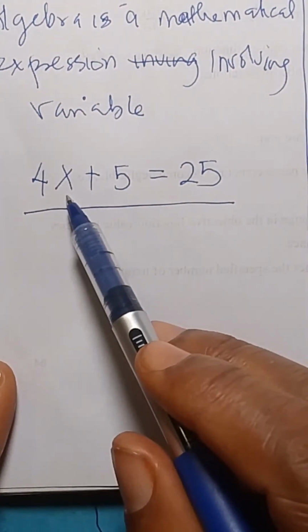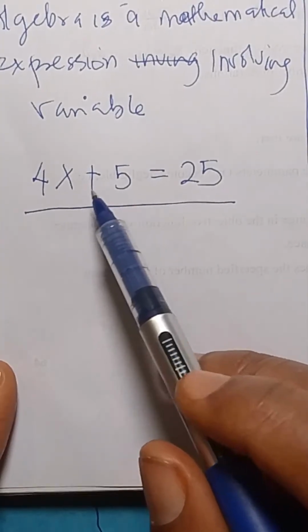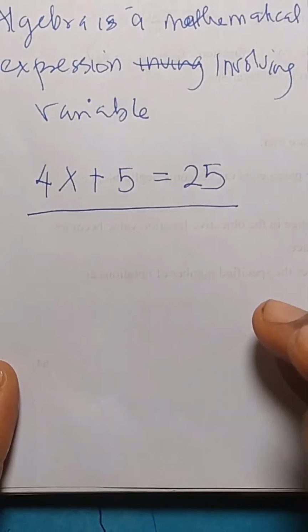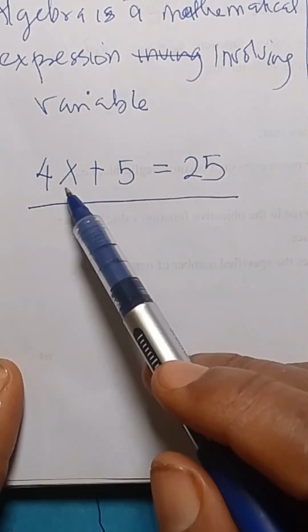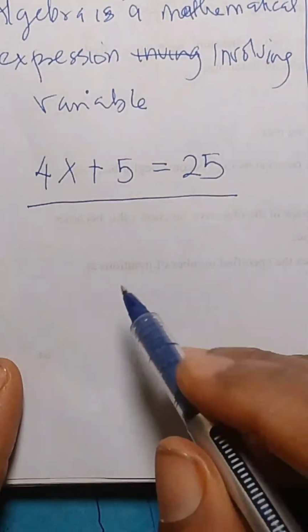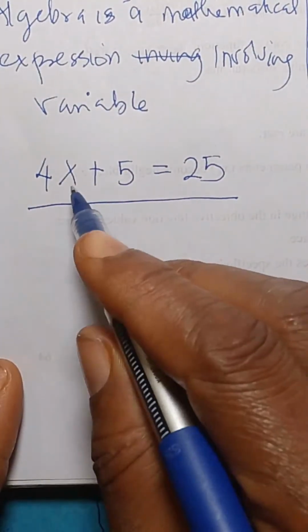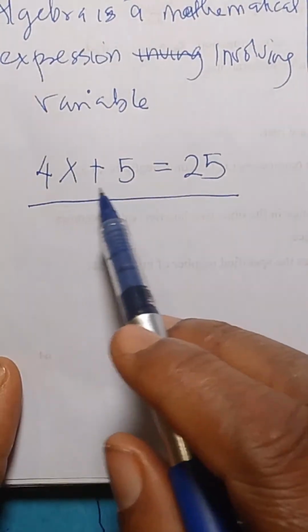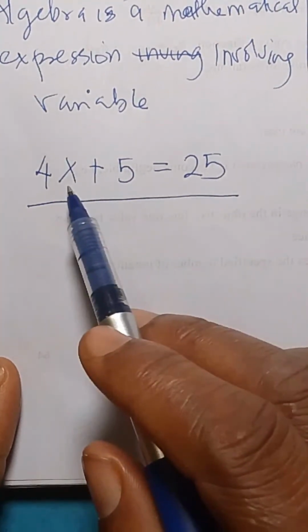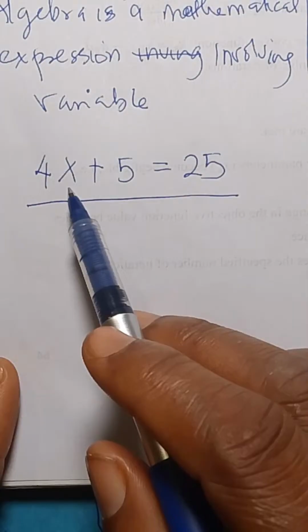Is it this x here that makes it algebra? Algebra is a mathematical expression like this, or equation, that has a variable. So x is the variable. The variable is an unknown number that we are looking for. If you solve this question now and look for x, we are going to get a number, because x is a number.